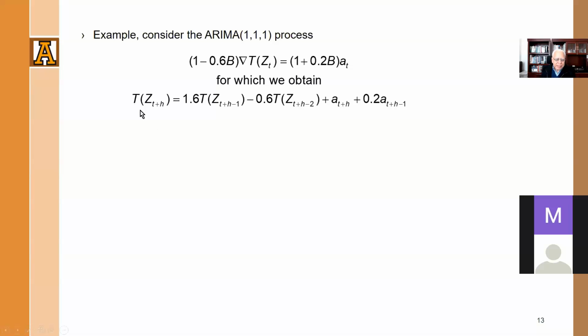So we express now T of Z at t plus h as 1.6 times T of Z at t plus h minus 1, because of this equation here, minus 0.6 times T of Z at t plus h minus 2, plus a at t plus h, plus 0.2 a at t plus h minus 1. Okay, so that will be the expression for the transformed series at period t plus h.